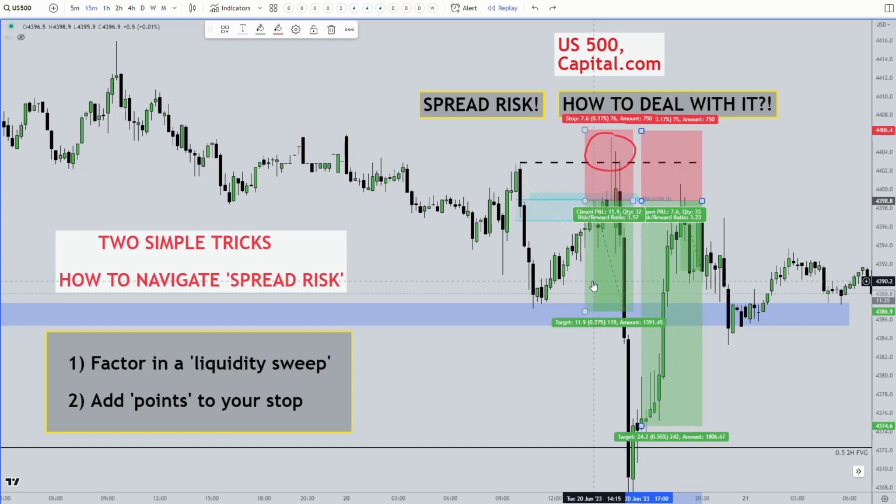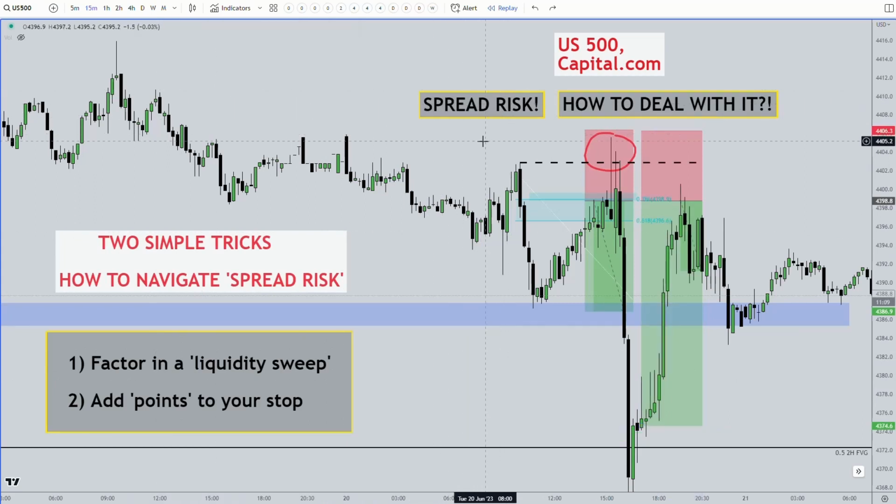Yes, this will reduce your profit. In this case, all of a sudden you're only looking at 1.6 and 3.2, but this is up for you to decide. However, this way you will see that the spread risk is basically going to vanish in most cases.